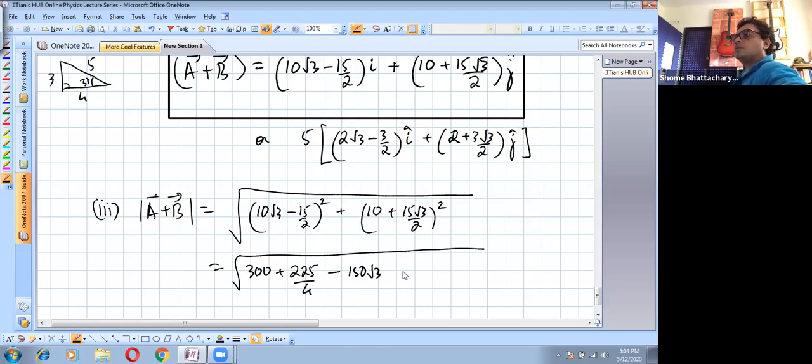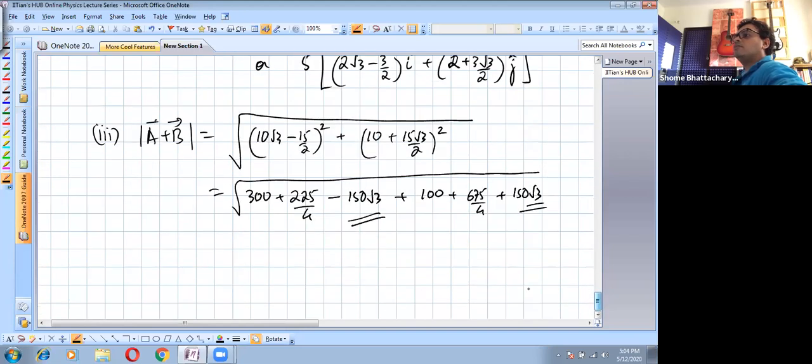A minus B whole square. And similarly, the second term will be 100 plus 675 by 4 plus the same thing, 150 root 3. So you can see this term and this term cancel out, and we are left with 300 plus 100, 400, and then 225 plus 675.